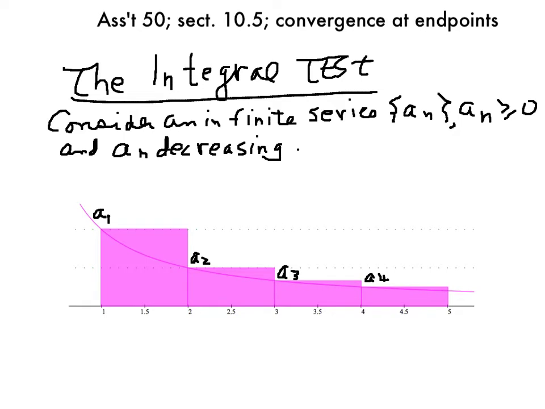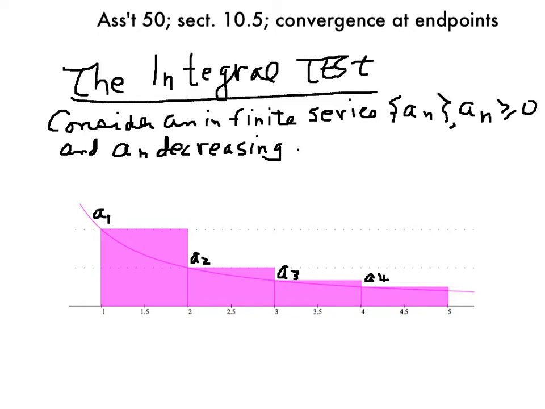So we're going to consider an infinite series, a sub n, where the a sub n terms are all greater than or equal to 0, and they are decreasing. So right here is my value of a1, here is a2, here is a3, here is a4, here is a5.